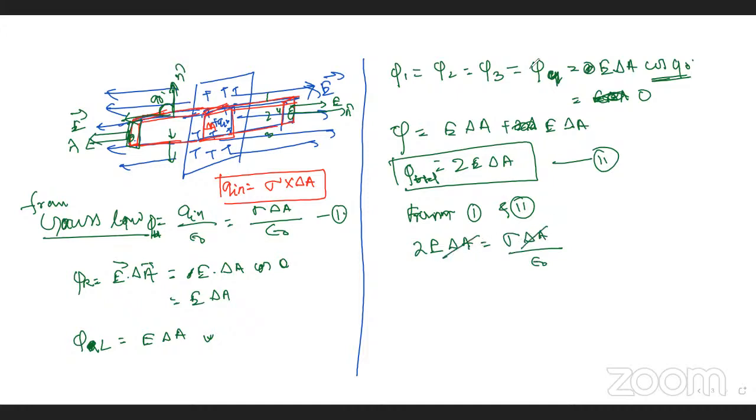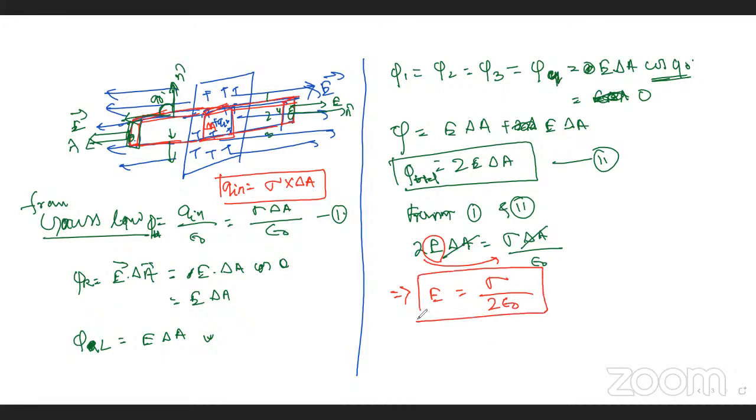Delta A cancels out. We are interested in finding E. So E equals, this 2 will be divided here, sigma by 2 epsilon naught.